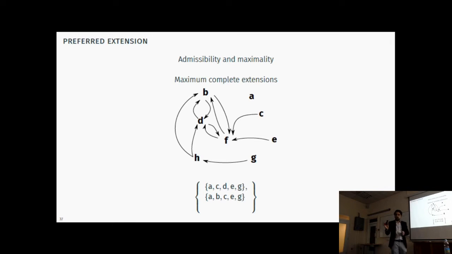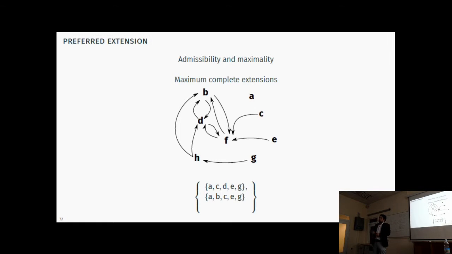So I appreciate that, in the work that we generally do, we make the assumption that preferred extensions are the ones that we want to show to the user. It is not the only option we have. The reason for that is it is one of the success stories, let's say, of abstract argumentation.